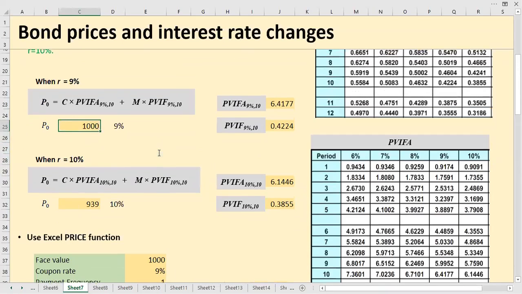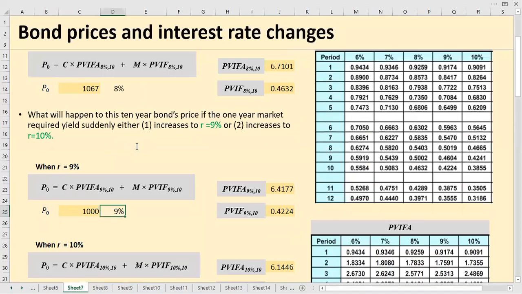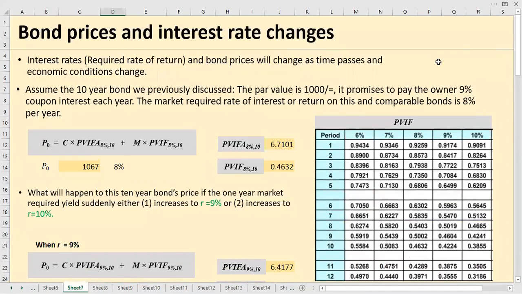Now, if you look here, 9% is the required rate of return. But if you go to the original sum, you can see the coupon payment is also equal to 9%.